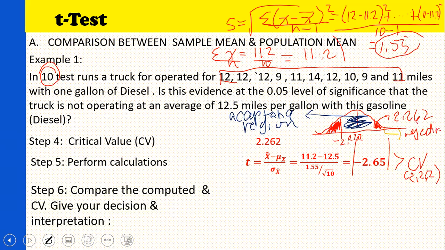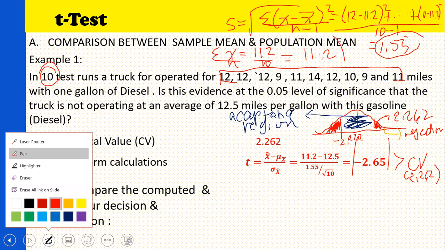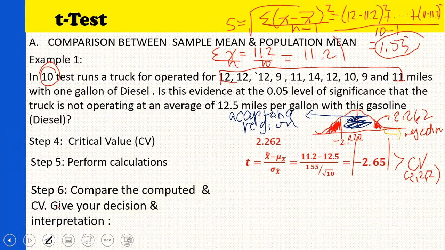The rejection. That will be for the rejection. So if we're going to locate 2.65, that is 2.65, it is located somewhere in this shaded region.